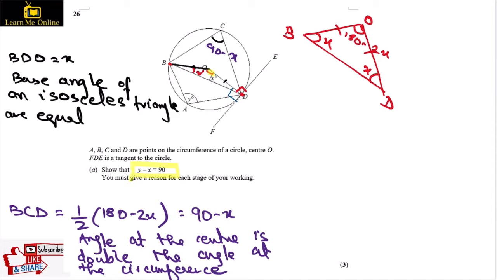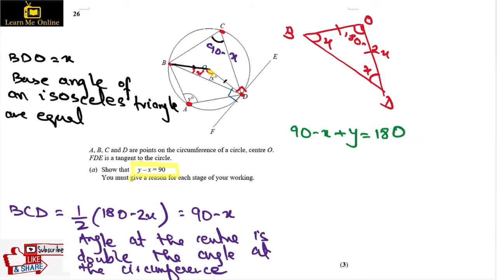What we are trying to prove is show that y minus x is equal to 90. So somehow we need to build up the relation having the x and y together. Now we see where the y is on the other side. Because it's making a cyclic quadrilateral, and we know that the opposite angles of a cyclic quadrilateral add up to 180. So I'm going to do that now: 90 minus x plus y equals 180.